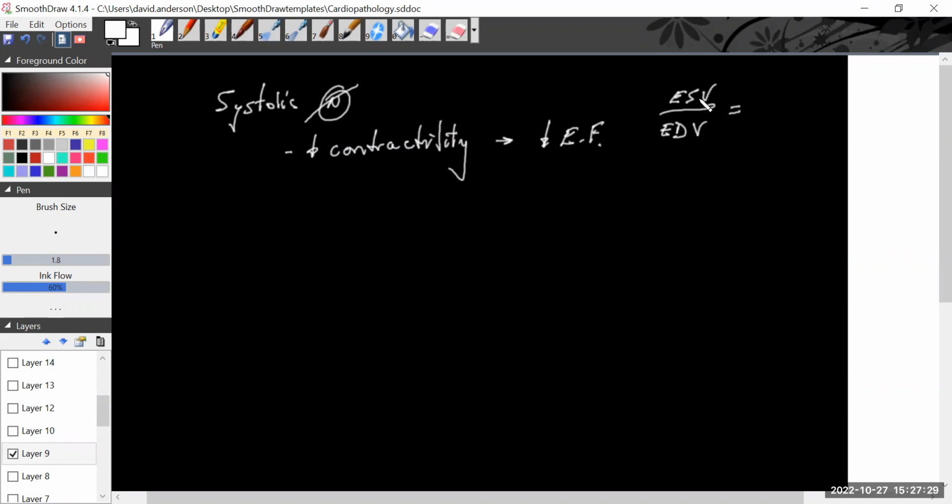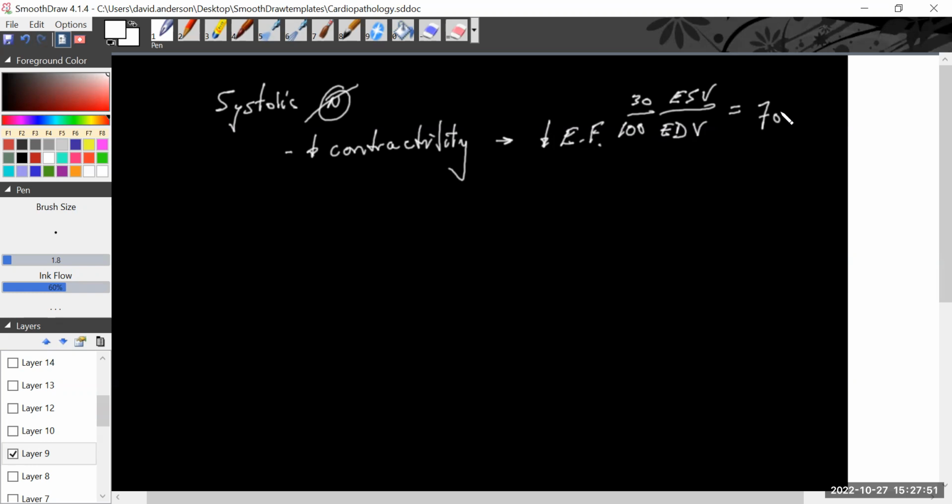So if we just kept our numbers simple, if our end systolic volume, the volume of blood in the ventricle at the end of contraction, was 30, and we started with 100, the end diastolic, the end of filling, then our ejection fraction by definition would be 70.